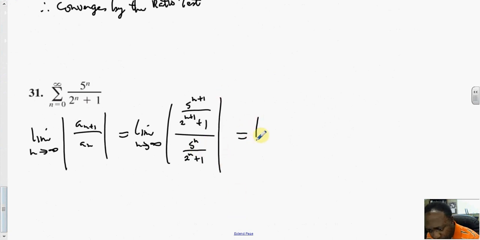So we simplify this. This is the limit as n goes to infinity. All the terms are positive, so we'll lose the absolute value.